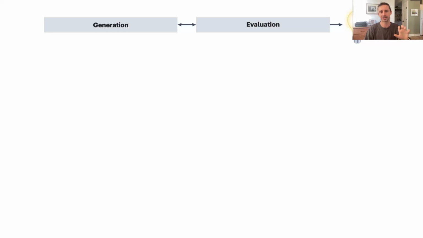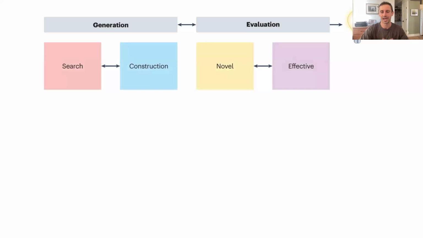So again, generation and evaluation are sort of these broad phases of creativity. And then within the generation phase, we have search for relevant knowledge or experience, and then a construction phase where we take bits and pieces of relevant information and we use them to generate some new idea.